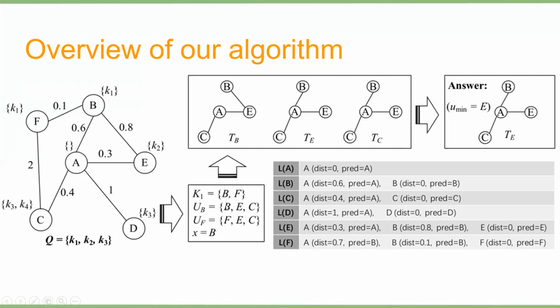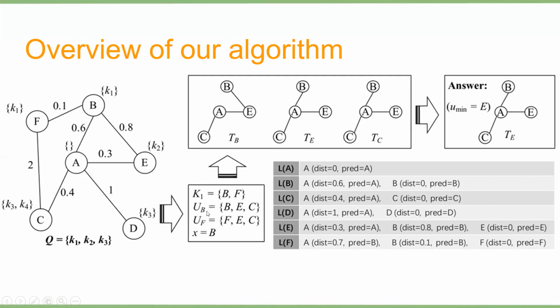The weight of this set is BE plus BC, which is 1.8. The weight of this set is FE plus FC, which is 2. And so B has smaller weight. This is our goal, and we want to preserve the set for the second step.